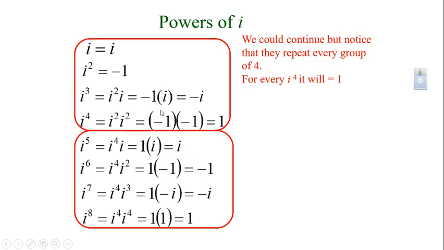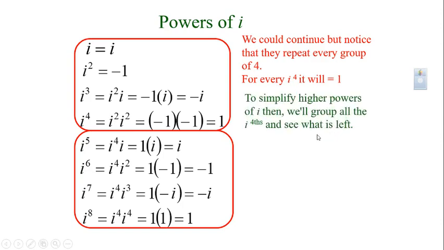So with powers of i, the pattern repeats every time you add 4 to the exponent. And remember, i to the 4 is 1. So to simplify higher powers of i, all you have to do is group the fourths and then see what's left over. In other words, we look for the remainder after we divide by 4.